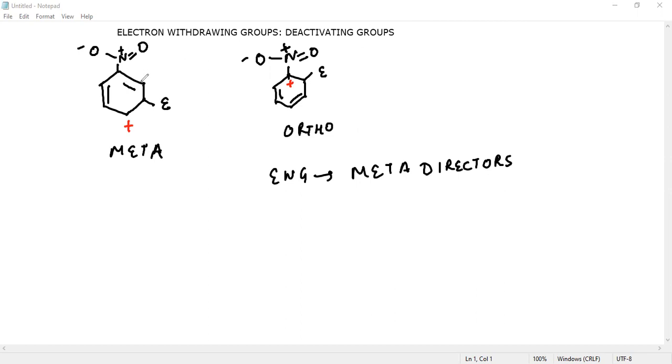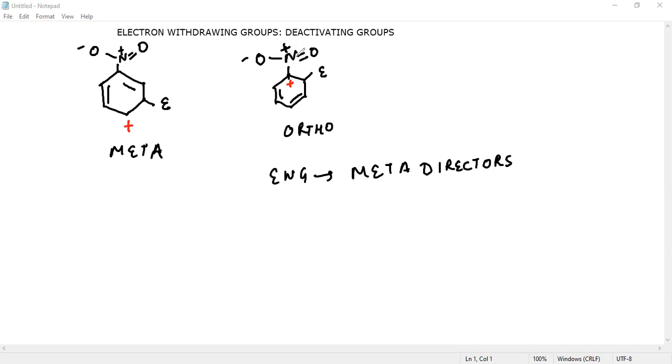Now what will happen here? If you go ahead and do the ortho substitution, the electrophile seeks the ortho position. We do know that one of the resonance structures of the intermediate will yield the plus charge on this carbon, which is directly attached to this nitro group, which is an electron withdrawing group.